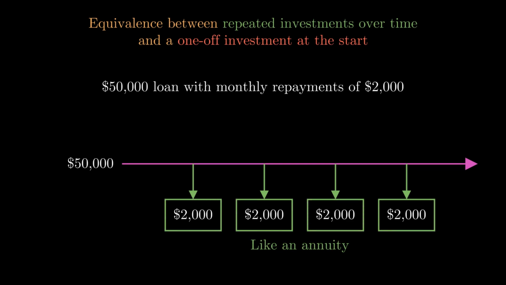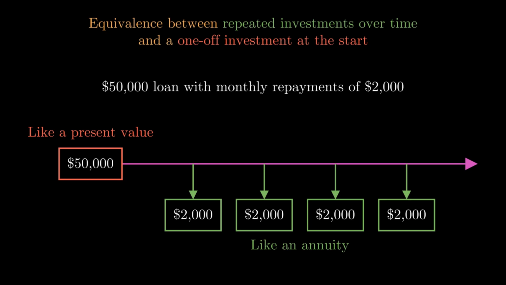Sure, I'm paying off a loan, I'm not putting money into a bank, but the maths, the calculations, don't really know or care about that. Mathematically, it's the same story. Well, how about the $50,000? Well, since it's the one-off amount at the very beginning, then it behaves exactly like a present value. It doesn't matter that the red story is a loan and the green story is a repayment. Again, the maths does not know or care.